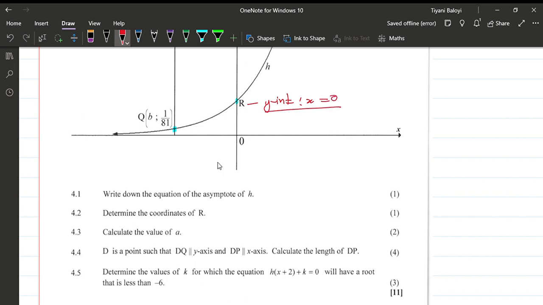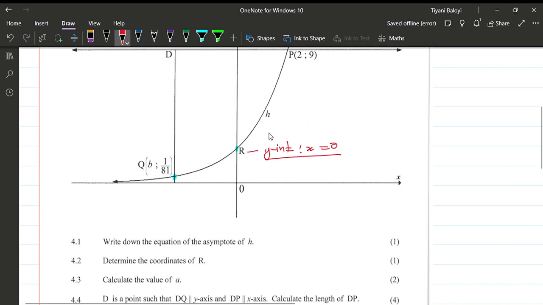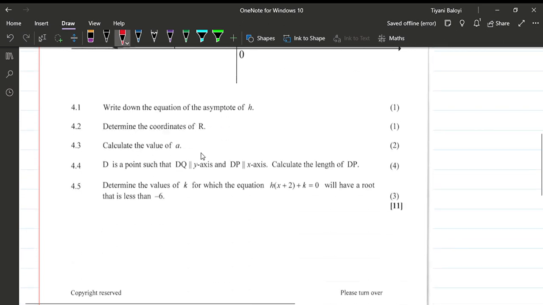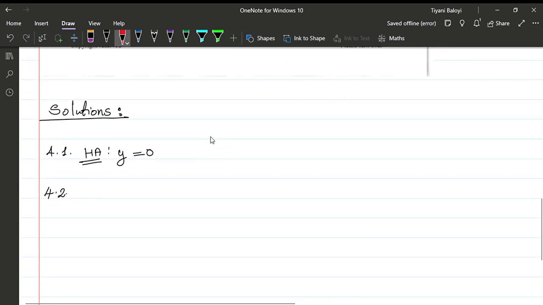Okay, and R lies on h. We know the function, we know the formula for h, which is y is equal to a to the power x. x is equal to 0, substitute there, and then you get your answer, right? So let's just get to that. So we can just write y-intercept, x is equal to 0, right?